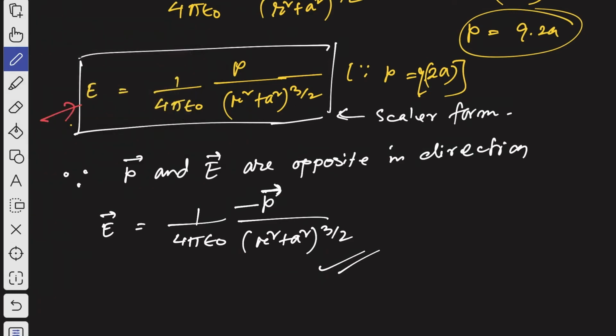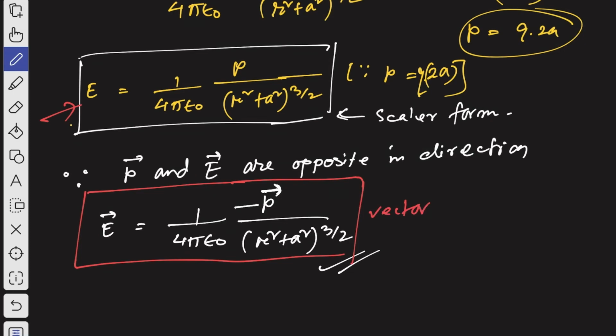So this is the vector form of the same expression that we obtained here, the electric field at a point P on the equatorial line of an electric dipole. So this is the vector form.